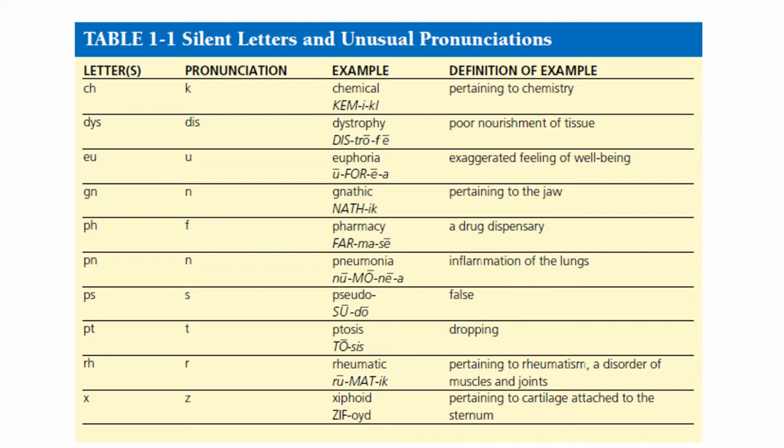The other example is PS, which is pronounced as S. Silent P, then it is pronounced as S. The example is pseudo, which means false. Pseudo is a prefix.